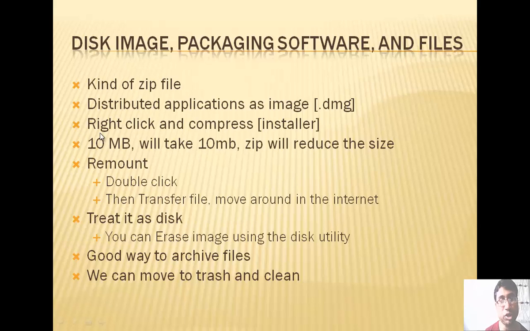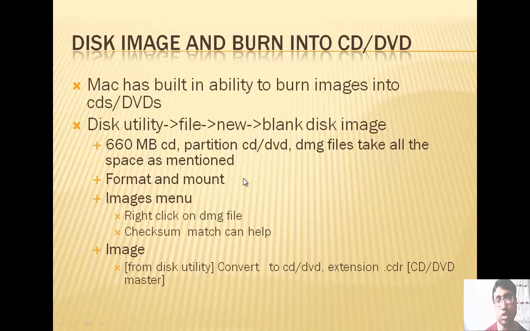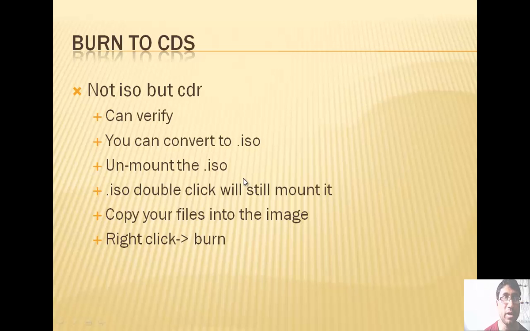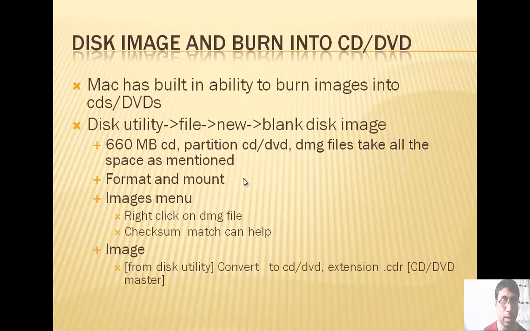And another thing, if you specify that the image file size will be 10 megabytes when you create it, it will always take 10 megabytes of space on the hard drive. It is a good way to archive files. We can move the disk image file to the trash.